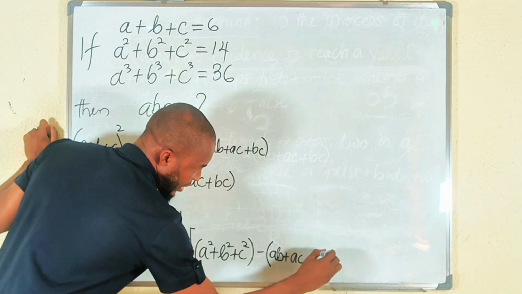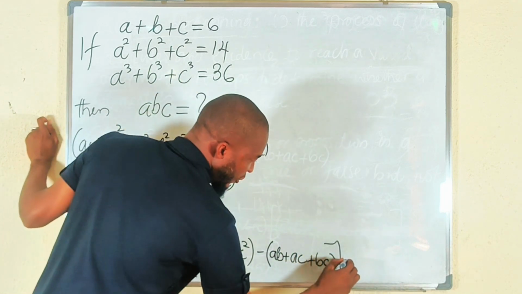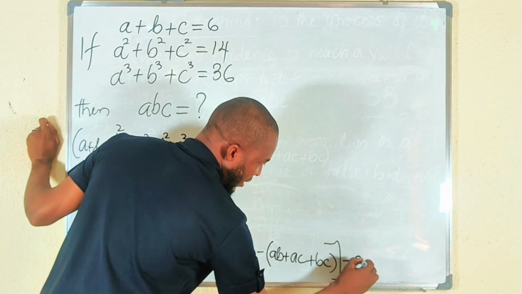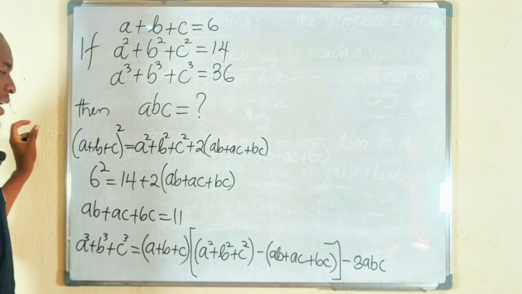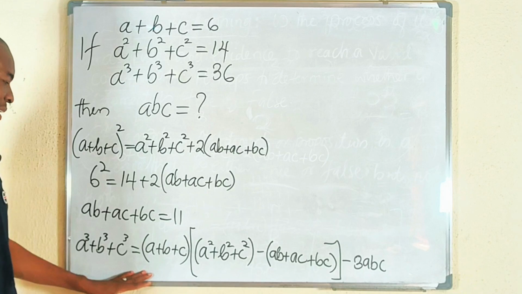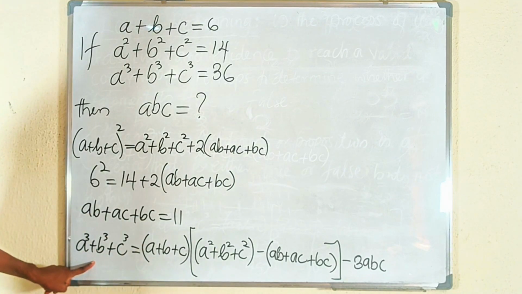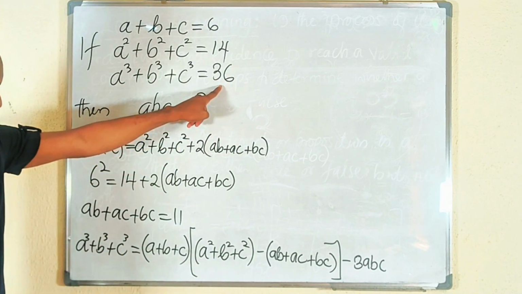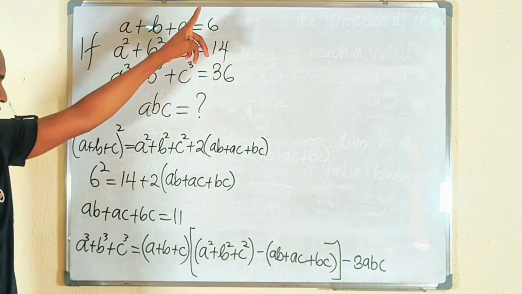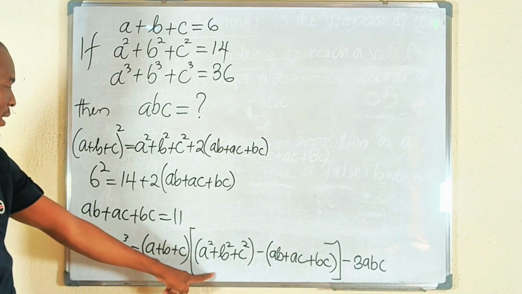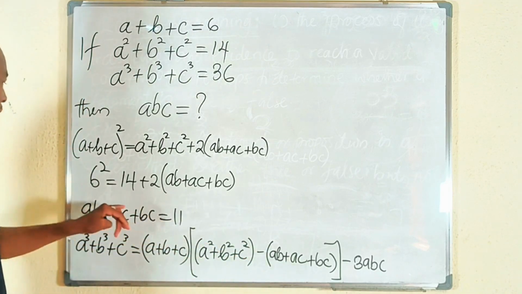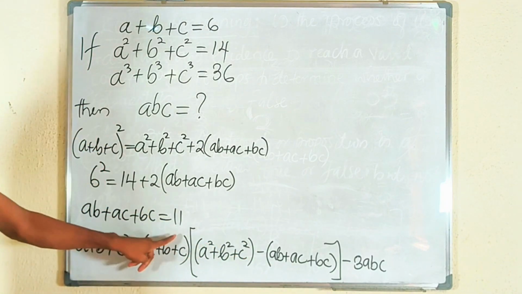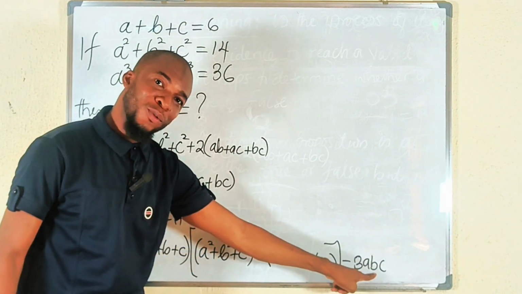Wow, it's too long. Close this bracket, then we still have minus 3abc. Oh my God, this is a cubic identity. This one is 36. This one is 6. This one is 14. That one is 11, and this is what we are looking for.